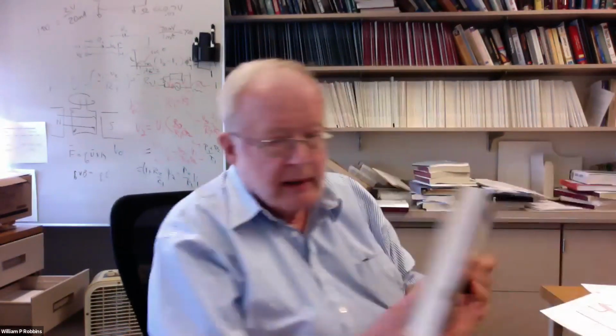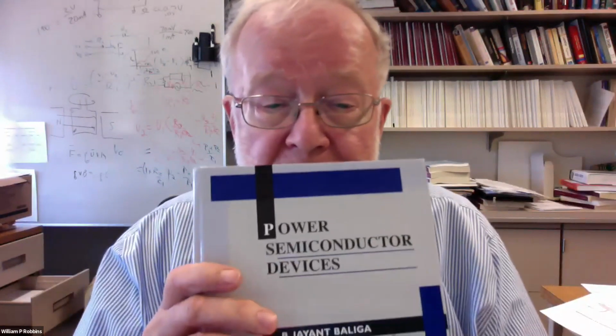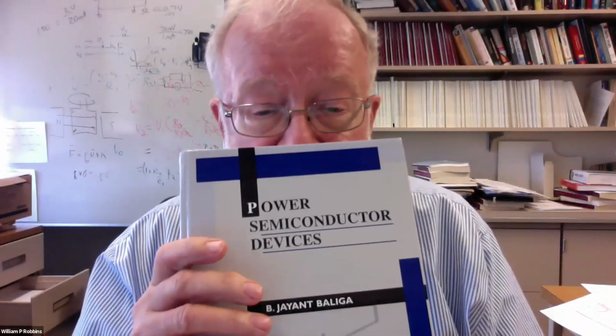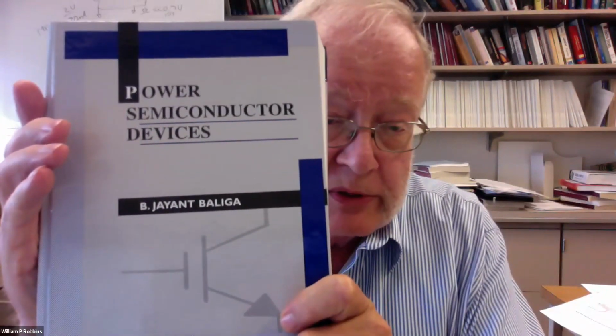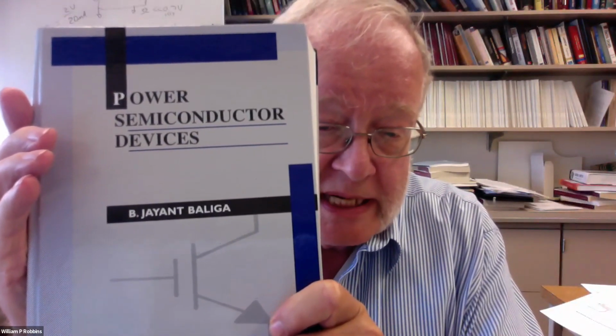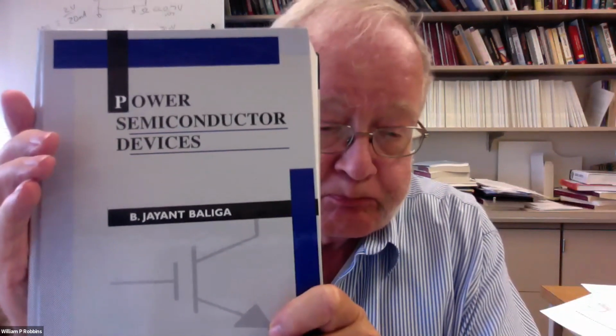As far as where you can get more details, the textbook that Ned Mohan and I and Tore Undeland wrote has all of these details, the 3rd edition. Another very good book that gets into a lot more detail than you'd probably ever want to get into is one of the books by Baliga. This one is Power Semiconductor Devices. This is a 1996 version where he goes into all kinds of detail on all of these devices.